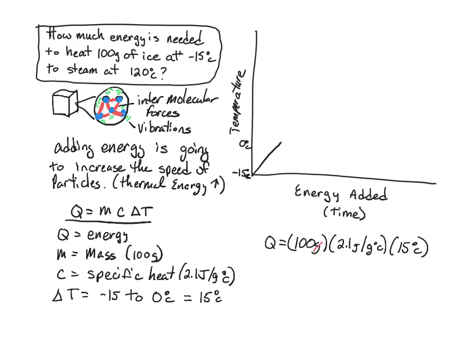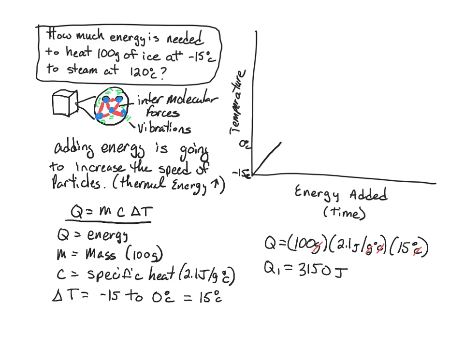So my grams are canceling out, my degrees Celsius are canceling out, and my answer is going to be in units of joules. So we're going to call this Q1. Q1 will equal these numbers multiplied together. Q1 will give you a calculator answer of 3150, and that'll be joules.